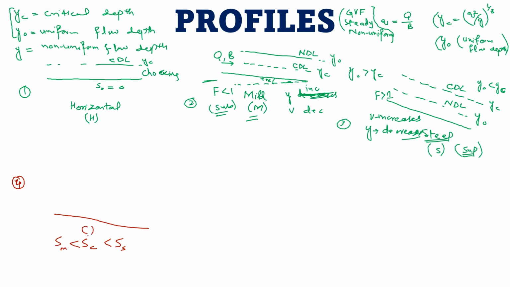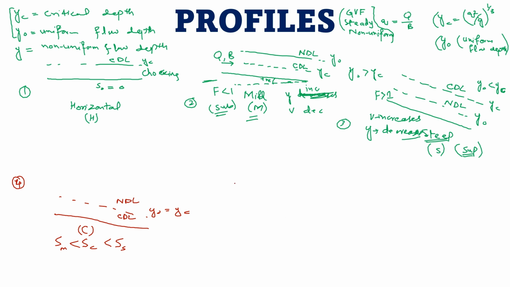So for critical slope, we have y naught equal to yc. For critical flow, the depth of flow becomes equal to critical depth. It means that both the lines are at the same level. NDL and CDL are at the same level. Normal depth line and CDL touch each other.